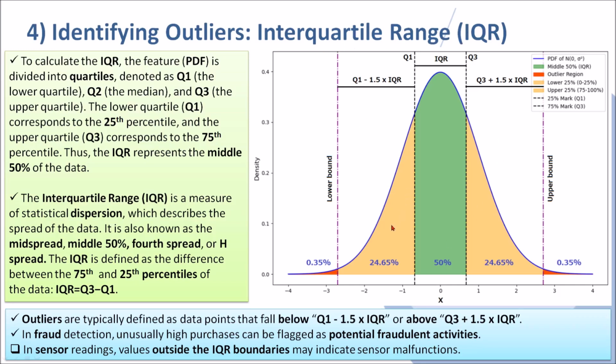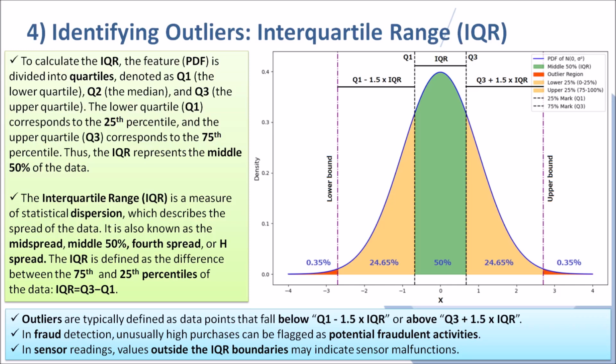Using this method, we can define this kind of threshold. That's the purpose of this section. By using this outlier region, we can remove the outlier values from the dataset. Now let's move to the coding session and see an example of identifying outliers using IQR.